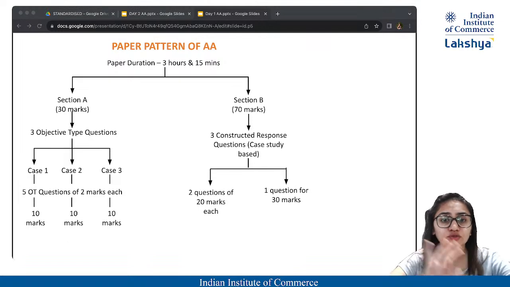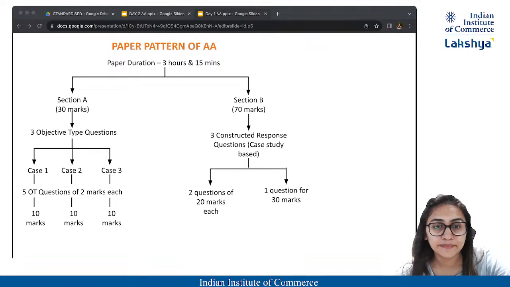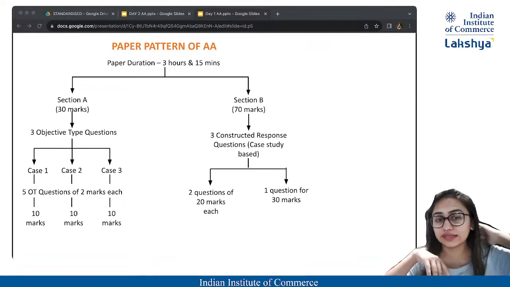I'll give you 1 minute to go through the paper pattern and ask me if you have any doubts. Just ask me in the chat box, so we can solve it there and then.